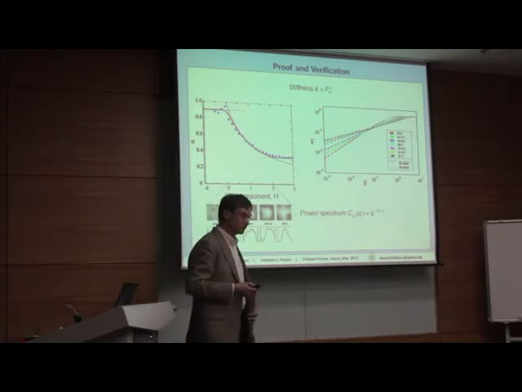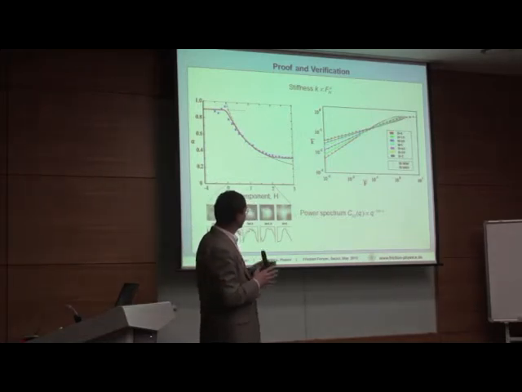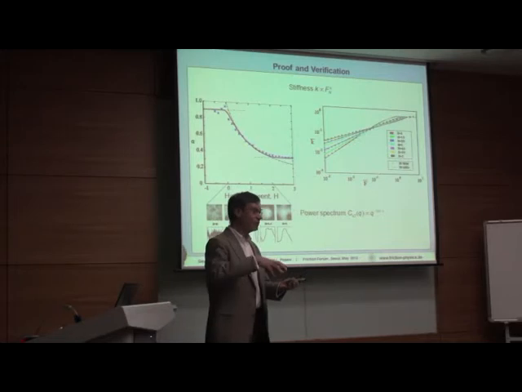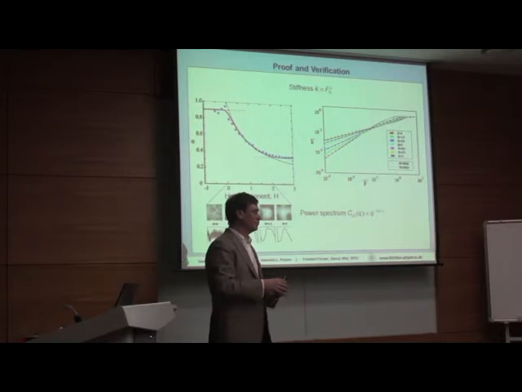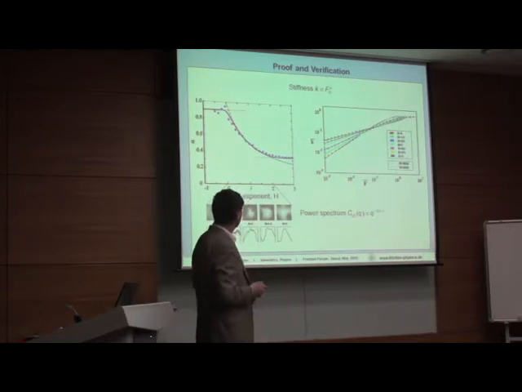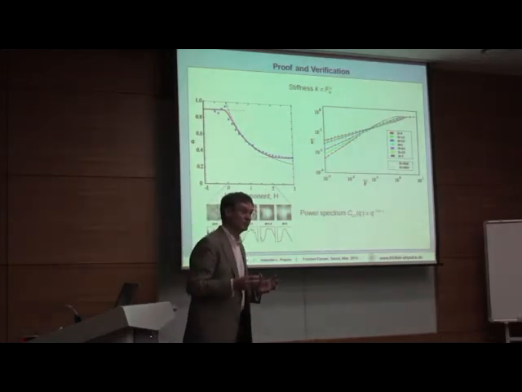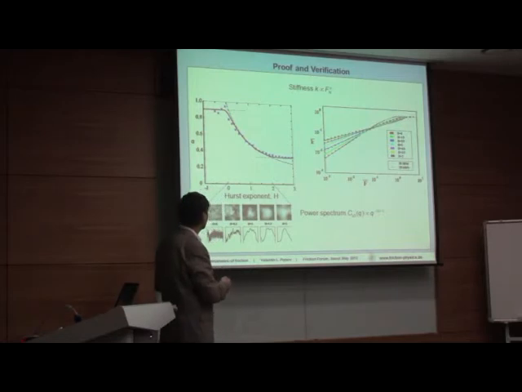First, the results which you will see here speak about indentation of a rough surface into an elastic half space. We considered rough surfaces which are self-affine with some Hurst exponent.